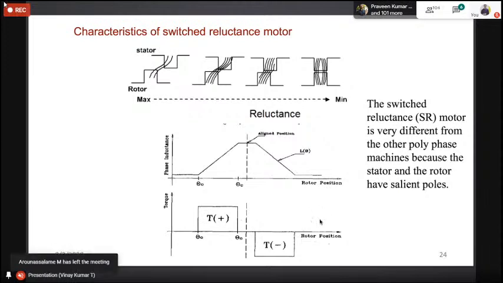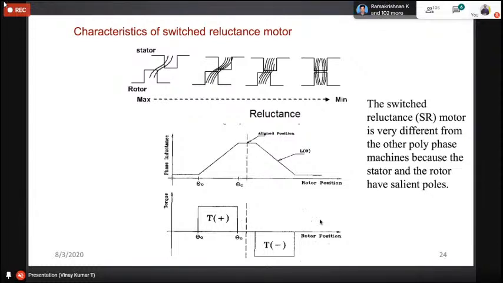Because of this discontinuous torque, you will get vibrations, right? This is called the ripple component. Generated torque should always be continuous and unidirectional. But in case of the switched reluctance motor, because of the salient structure of the stator pole and rotor pole, reluctance torque is entering the picture.